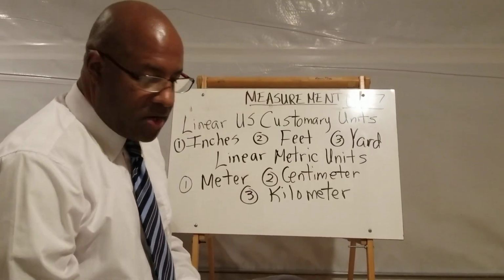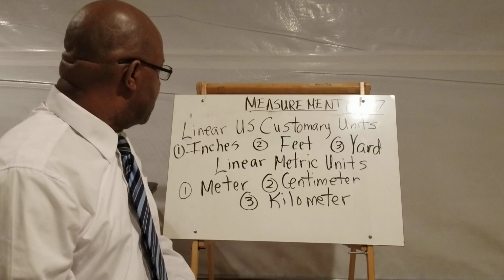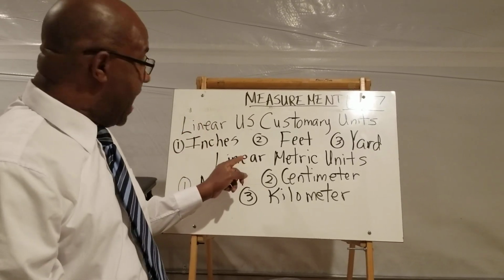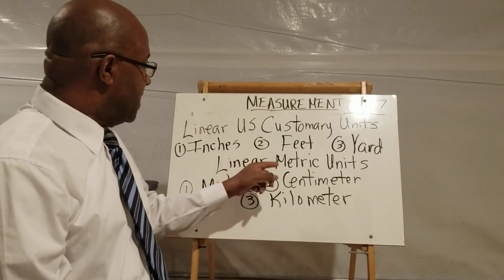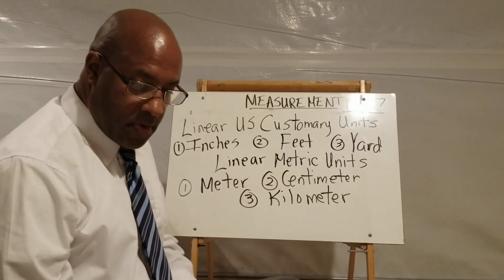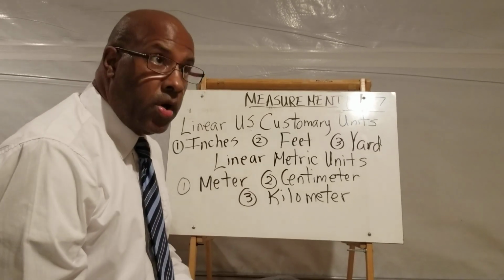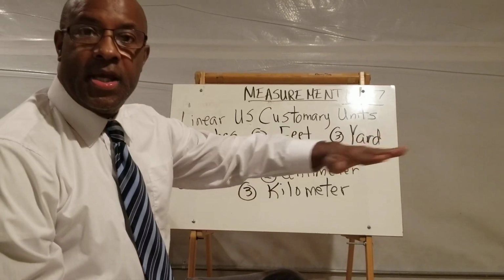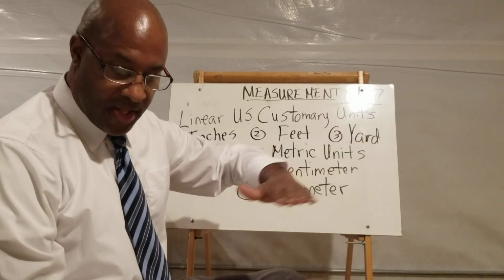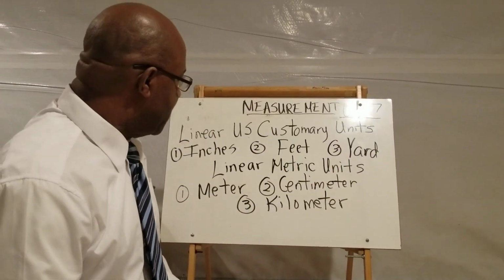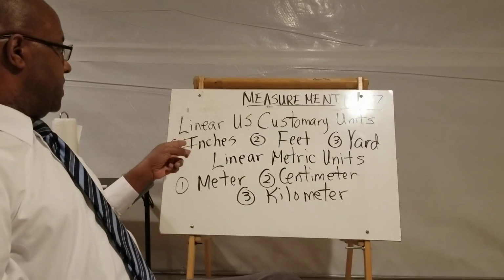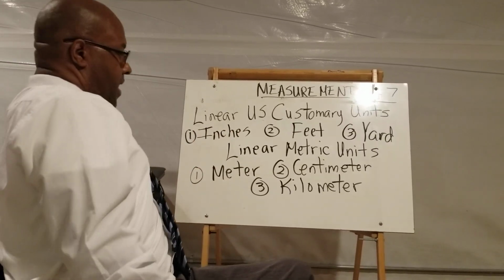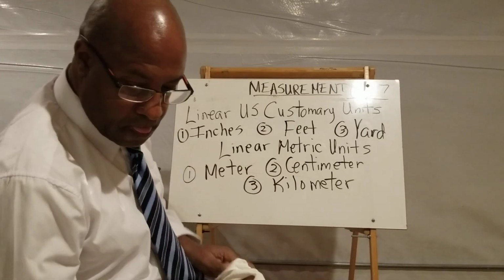So I know you see the word linear in both the U.S. customary units and the metric units vocabulary. The word linear, boys and girls, all that means is going along in a straight line. So inches, feet, yard, meters, centimeter, and kilometer.